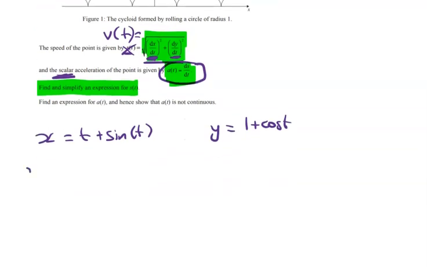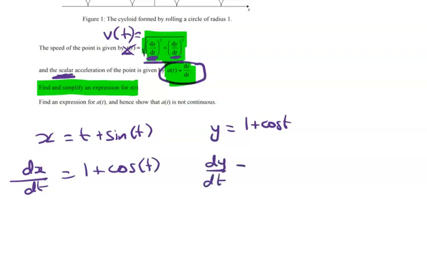We've got x equals t plus sine of t, and y equals 1 plus cos of t. As usual, I'm going to do my build-up before I put it all back under the square root sign. So dx by dt is equal to 1 plus cos of t, and dy by dt is equal to negative sine of t. Dx by dt squared is this thing here squared.